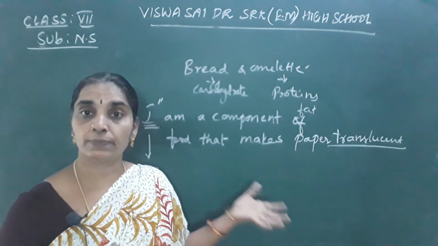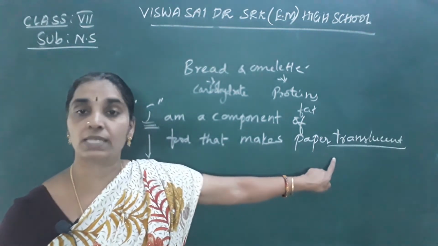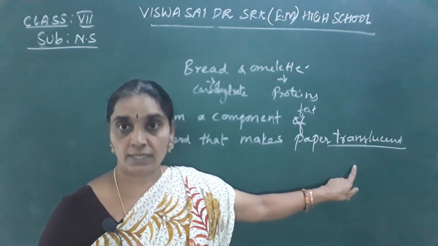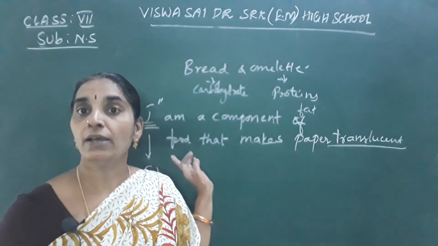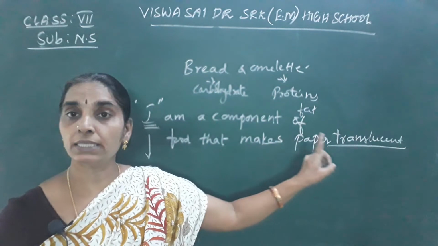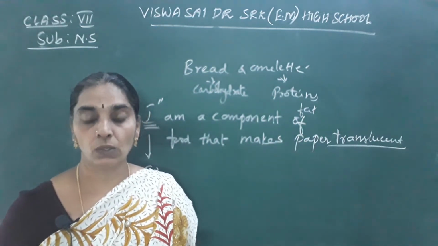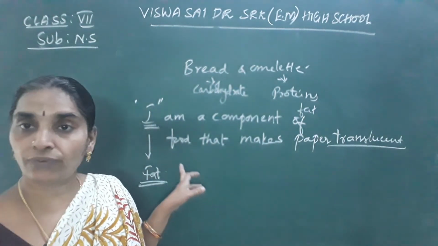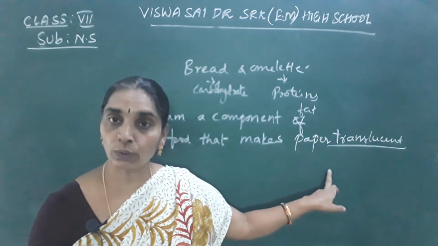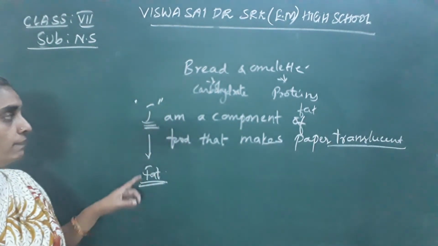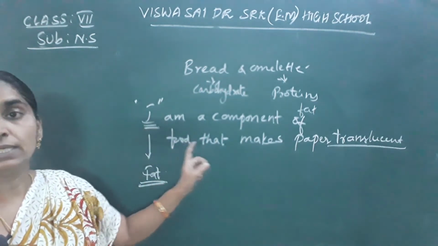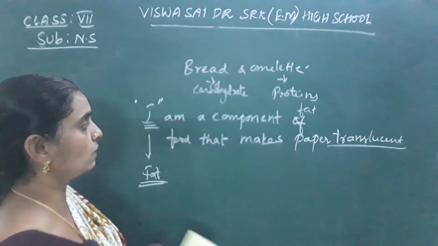Then you can see that the paper has turned translucent, which confirms that the food item contains fats. Okay children, that is the nature of fats, to turn the paper translucent. So we can confirm that fat is a component of food that makes paper translucent.